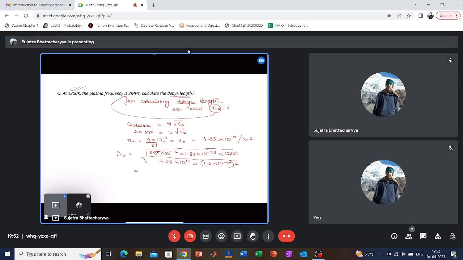This is what we get, and the answer is about 0.0107. So this is the debye length.